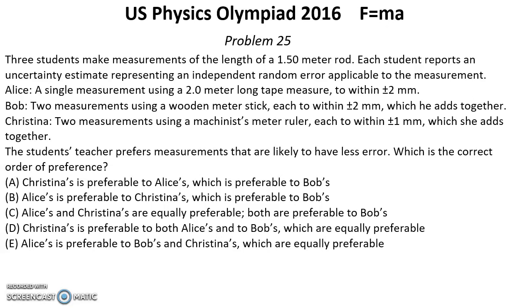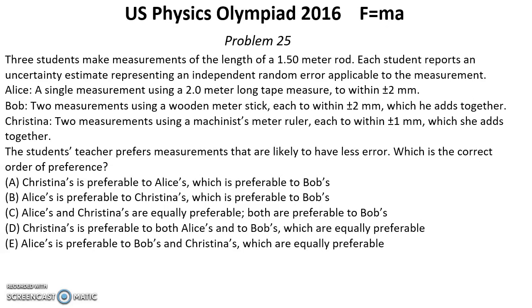Bob: 2 measurements using a wooden meter stick, each to within ±2 millimeters, which he adds together. Christina: 2 measurements using a machinist's meter ruler, each to within ±1 millimeter, which she adds together.